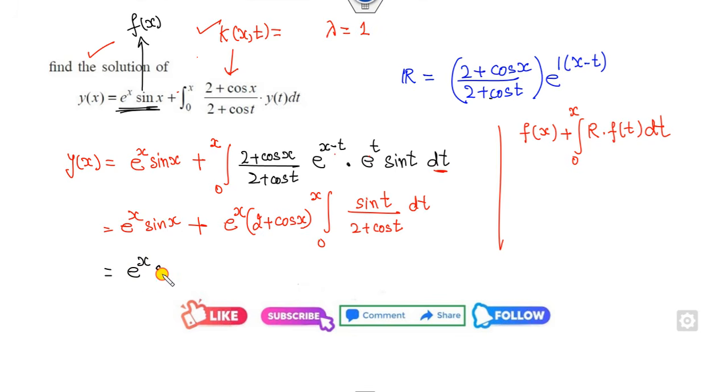E raised to power x sine x plus e raised to power x times (2 plus cos x). What is the integration of this? If I substitute this as q, then the derivative of this gives minus log of 2 plus cos of t from 0 to x. Now you can substitute the lower limit and upper limit, you will get the right answer of this problem.